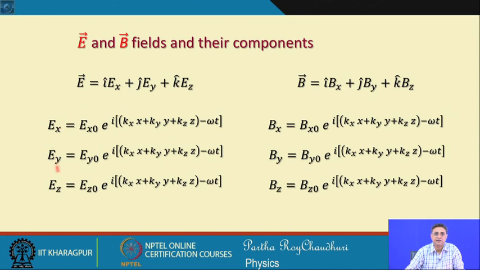This is the complete set of field components representing the total electric field, given by this equation. In the same way, for the magnetic field, we have the components B x, B y and B z, each related to its amplitude with the phase factor by this equation. So, we have seen explicitly the electric field components in terms of their amplitudes and phase factors.